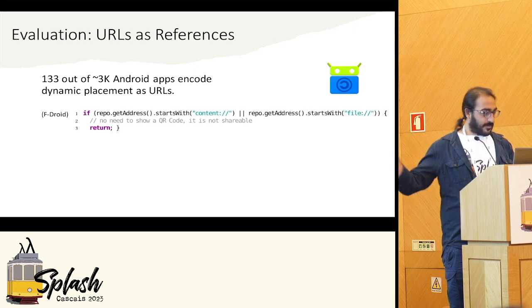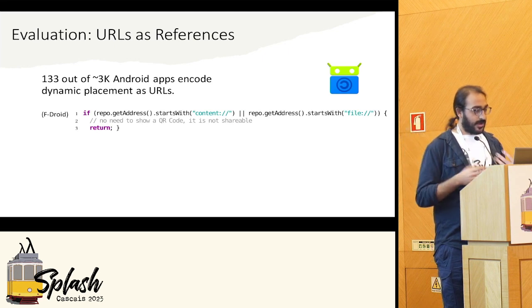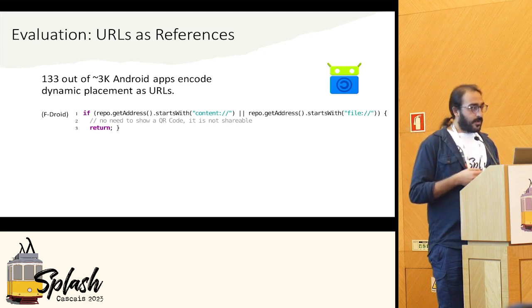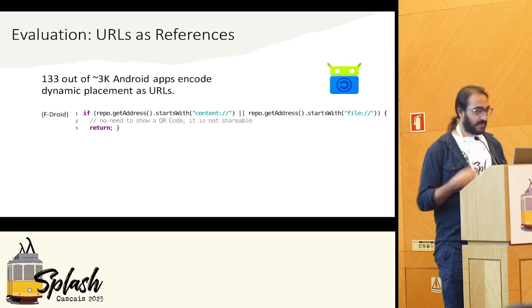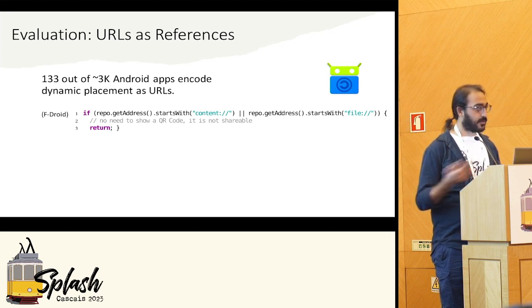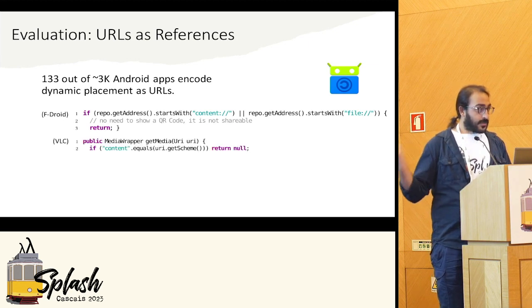And some examples are in F-Droid itself. So F-Droid checks whether some repository is local or not through checking the URL of the repository to disable some sharing, because you cannot share a local repository. VLC's source code also does the same. So VLC is a media player.